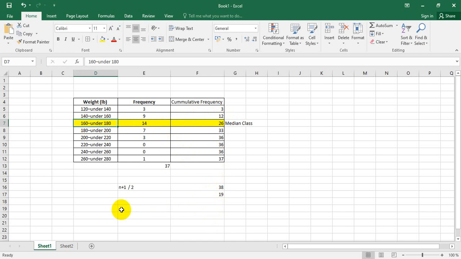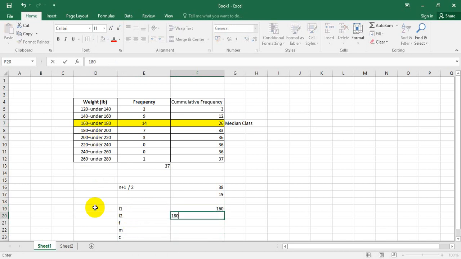After determining the median class, what do we need? We need the lower limit L1, the upper limit L2, the frequency F, we need M, we need C. Okay, now L1 represents the lower limit. The lower limit of this median class is 160, so put 160.